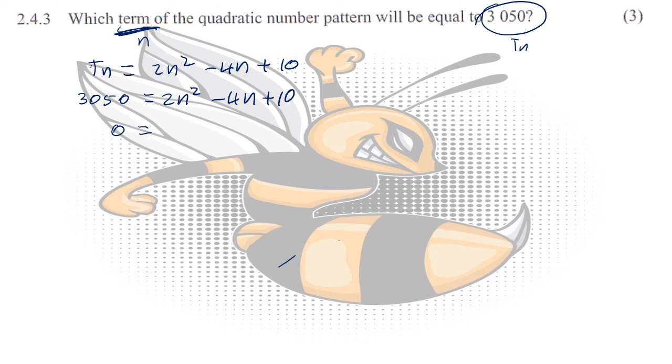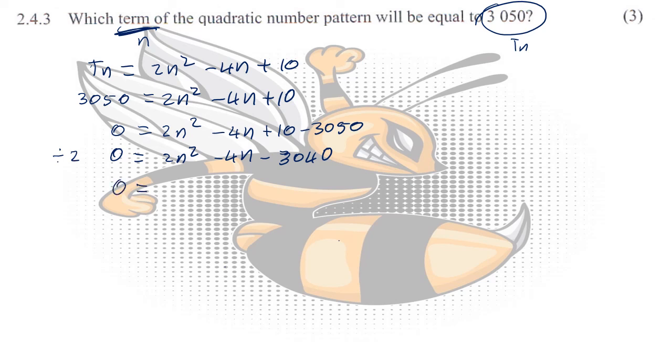We throw the 3050 over, so we have 2n squared minus 4n plus 10 minus 3050. So 0 is equal to 2n squared minus 4n minus 3040. To make our life easier, remember we always try to see if it's possible to simplify, and in this case we can divide by 2.